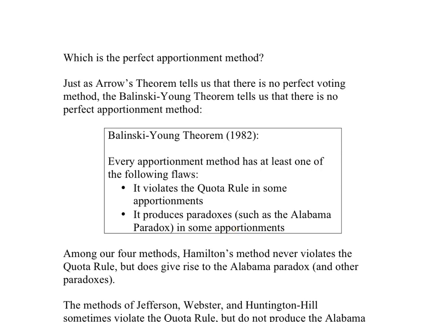So in other words, it is impossible for an apportionment method never to mess up in this respect, and also to never mess up in this other respect. So among our 4 methods that we've discussed, Hamilton's method has the advantage that it never violates the quota rule, but it has the flaw that it does give rise to the Alabama paradox, and it turns out certain other paradoxes that we don't discuss in this course.